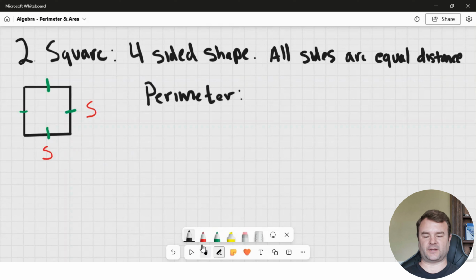So the perimeter is simply the sum of all the sides, and there are 4 of them, so it's just S plus S plus S plus S. And simplifying this algebraically, we have 4 S's, and perimeter can simply be defined as 4 times the distance of one of these sides. Now I'll move on to area.